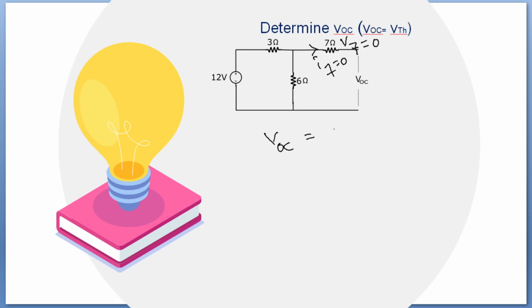So by voltage division, VOC is equal to the voltage drop across the 6 ohm resistor.